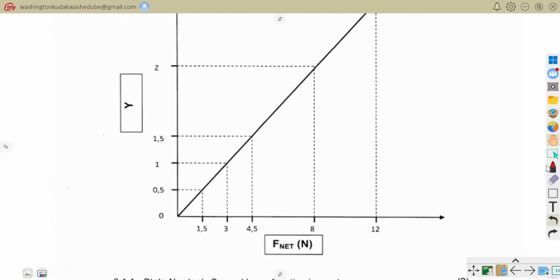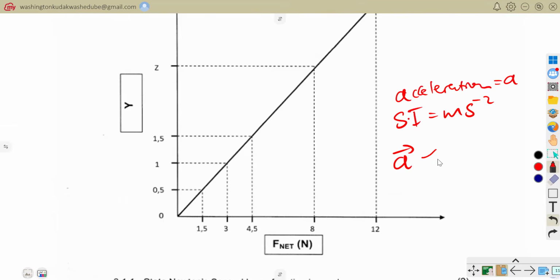We draw y against F net, and we have a straight line graph which represents directly proportional. This simply means it's acceleration, represented by the letter a, with the SI units of meters per square second, because acceleration is the only variable that is directly proportional to the net force.